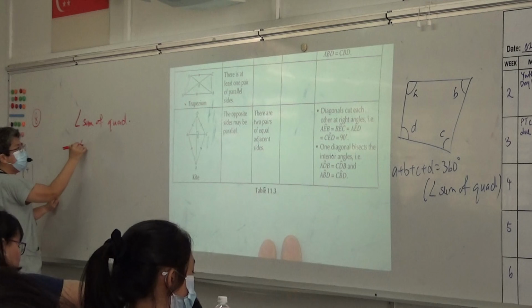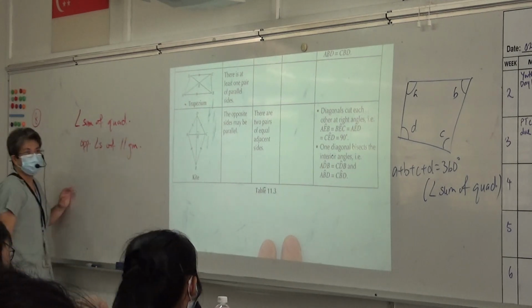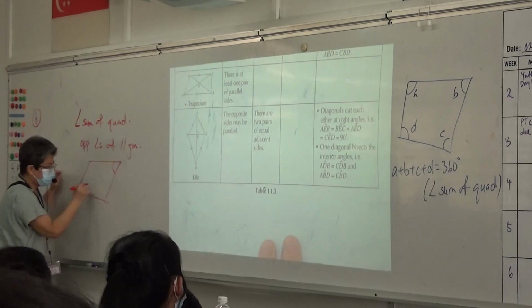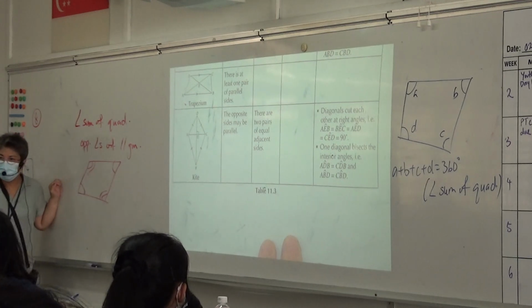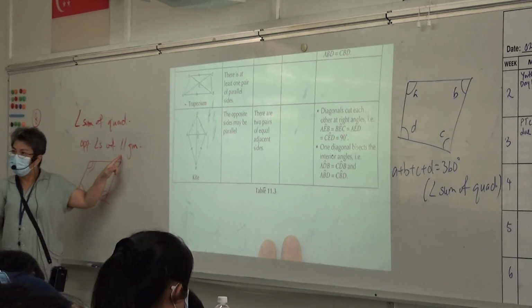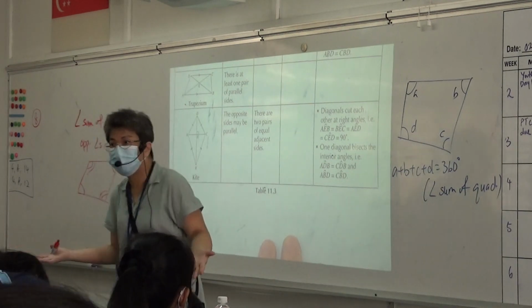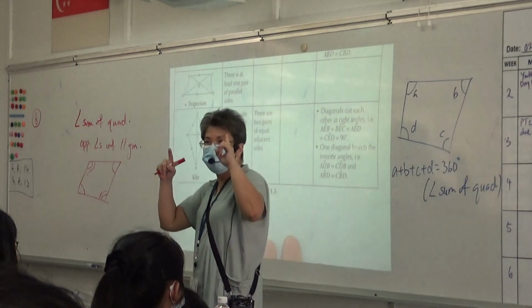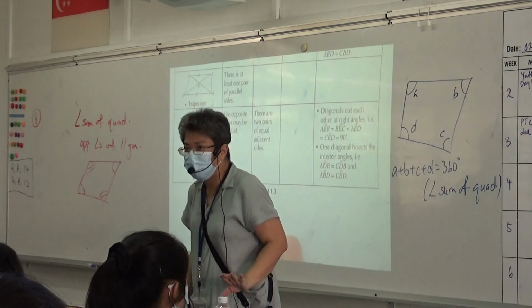And the next one, opposite angles of a parallelogram. That means if I have a parallelogram, this one and this one will be the same, and this one and this one will be the same. When I say opposite angles of a parallelogram, it can also be opposite angles of a rhombus, right? Because a rhombus is also a parallelogram. Correct. I will teach you how to write. Not everything must be written like an essay. Everybody okay now?